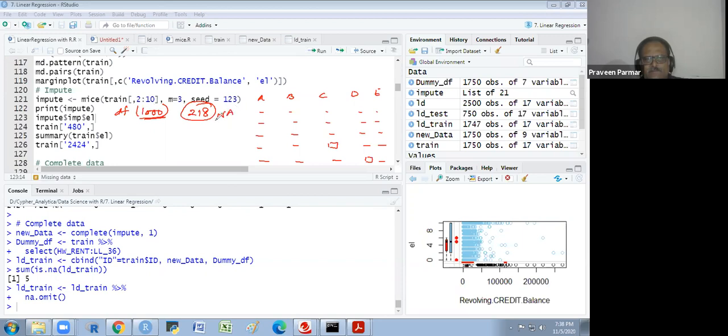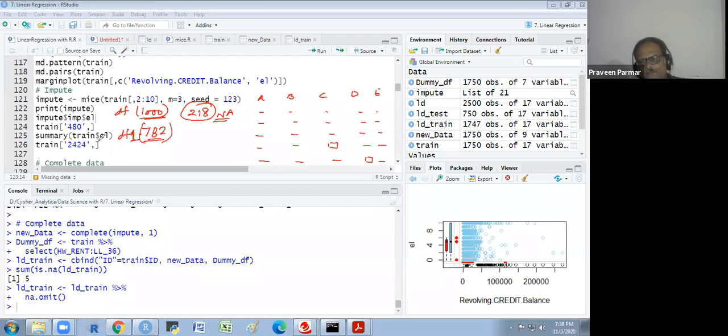So I remove these, and I will get 782. And this would be my DF1 data set.